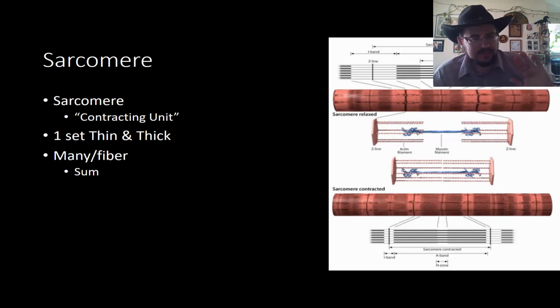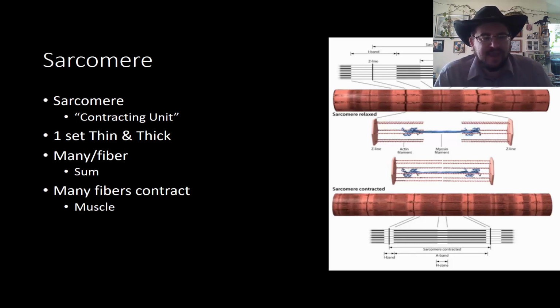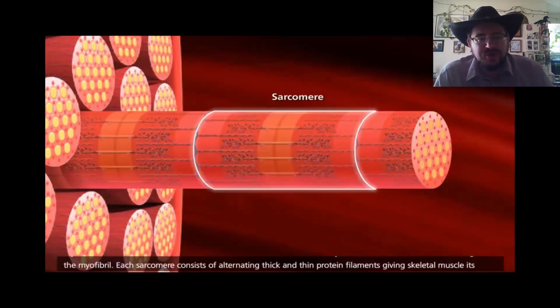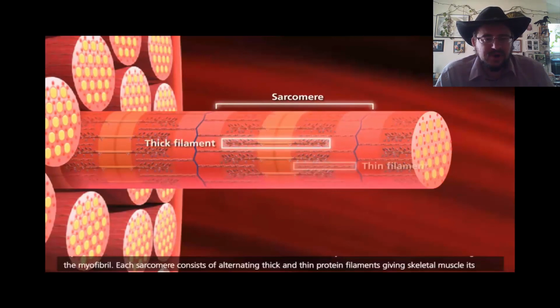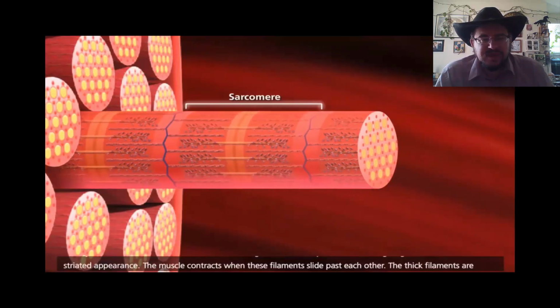Hopefully that is making sense. So when many fibers contract, you get the contraction of the whole muscle. Let me show you how a sarcomere works. So this is the sarcomere. We have the thick filament running in between thin filaments.